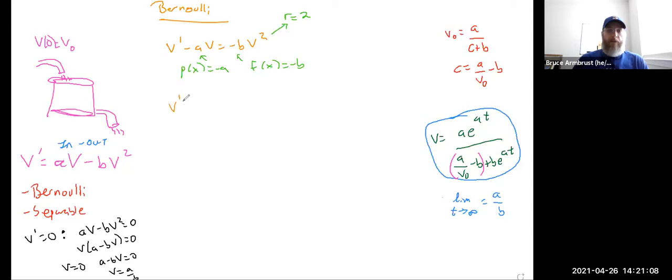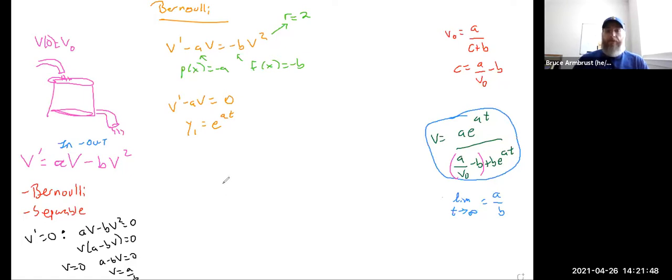So if we look at just the v prime minus a v equals 0, that's going to give us e to the at. Right, e to the integral of negative p, so negative a. So that's going to give us e to the at, and it should not be a prime, it should be a subscript. Okay, cool.